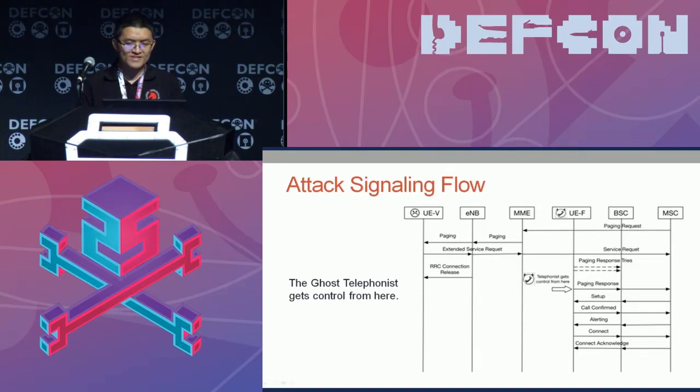In the normal scenario, after fallback, the victim will send the paging response to establish a connection. But in this attacking scenario, because the attacker is constantly sending paging responses with the victim's TMSI number, the call is taken over by the attacker.